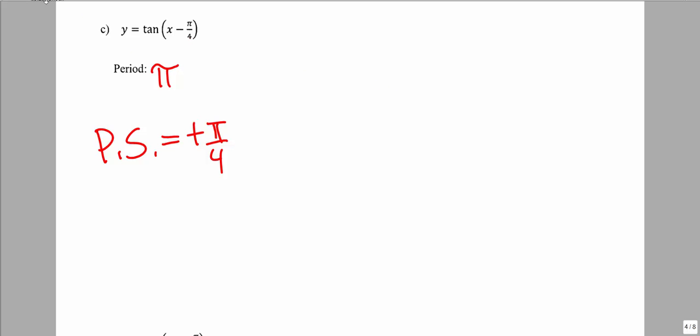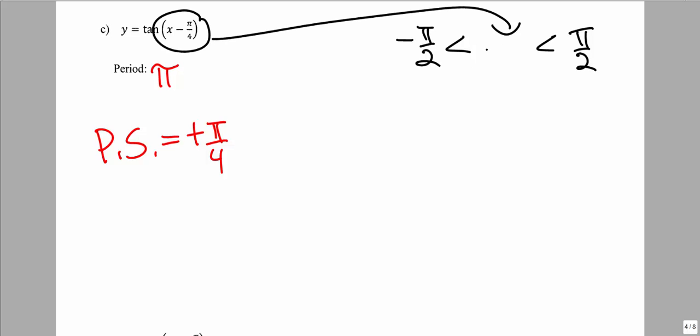So when we go to graph this, we need to figure out where we start and where we end. And the original graph of tangent was in between negative pi over 2 and positive pi over 2. So we're going to take the input of our function, x minus pi over 4, and we're going to solve for x. We're going to add pi over 4 to both sides.